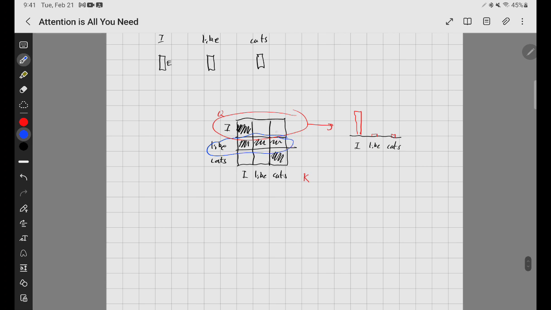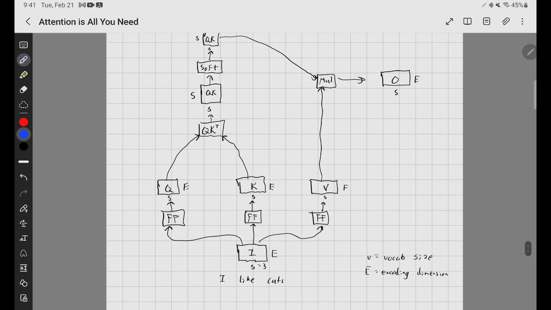The word like, on the other hand, would have a distribution that is very different, where it has a similar similarity between all of them. And the softmax just forms a distribution, so it's between 0 and 1 and adds up to 1. And then the word cats would look similar to the distribution of I, just with the word cats much higher.